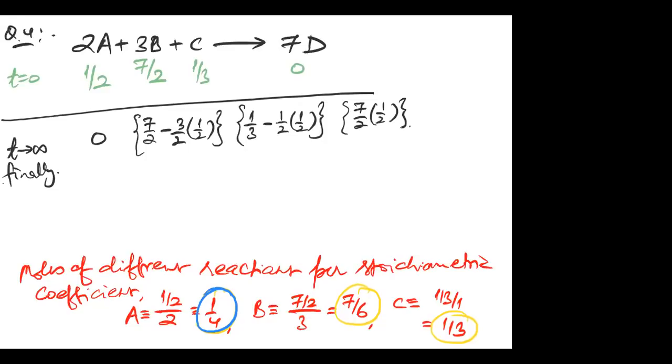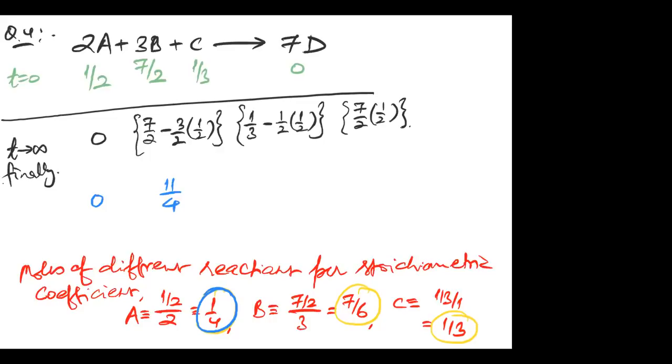So if you do the calculation further, A eventually is 0, and B is 7 by 2 minus 3 by 4, which is 14 minus 3, so you can say it is 11 divided by 4 moles.